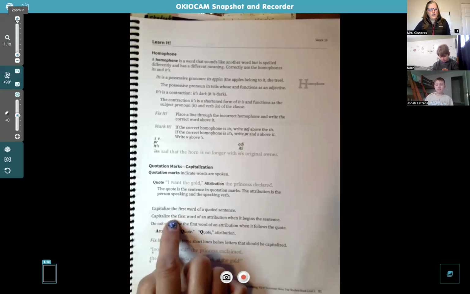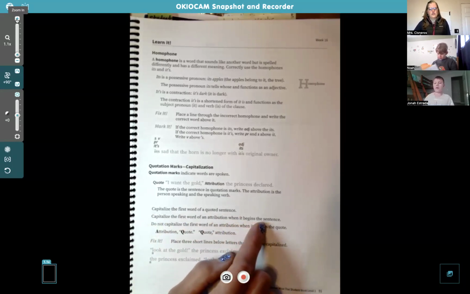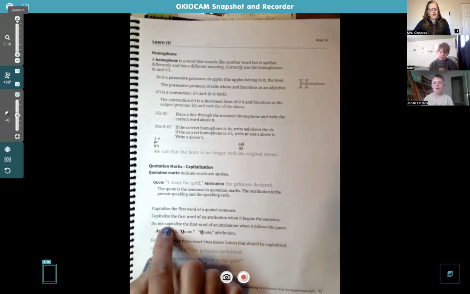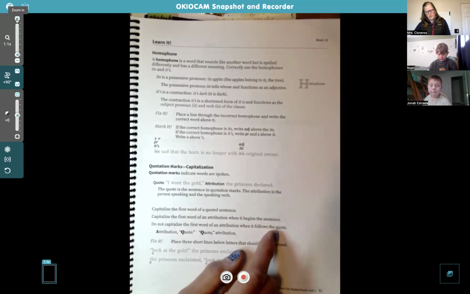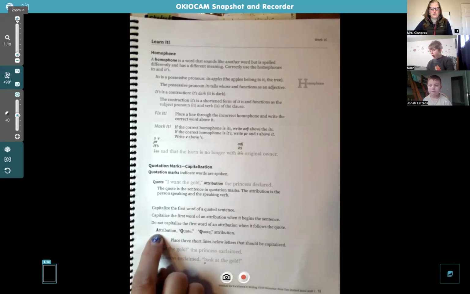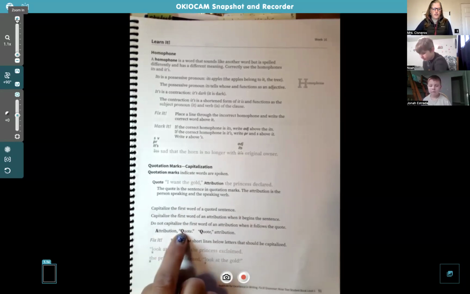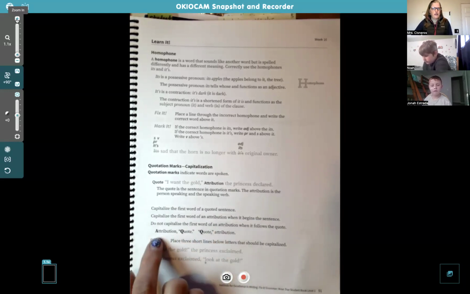And then it says capitalize the first word of the attribution when it begins the sentence. Do not capitalize the first word of the attribution when it follows the quote. So here's the pattern. You see the big dark A and then the big dark Q and the big dark Q here. That's just showing you what to capitalize.